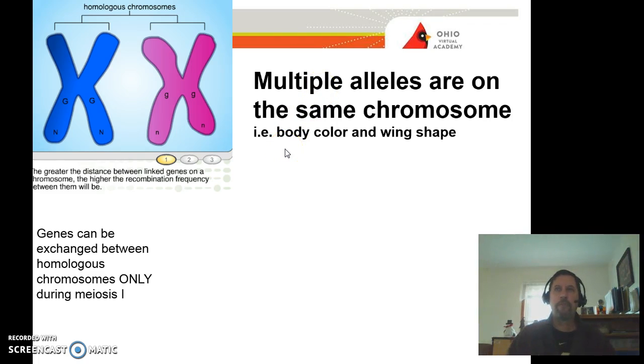Okay, multiple alleles on the same chromosome. Remember, we're looking at crossing over. Okay, genes can be exchanged between homologous chromosomes only during meiosis 1. Now a couple of things we know about meiosis. Meiosis leads to gametes. So this is where the genetic material will be passed on to the offspring. That's why it's important.